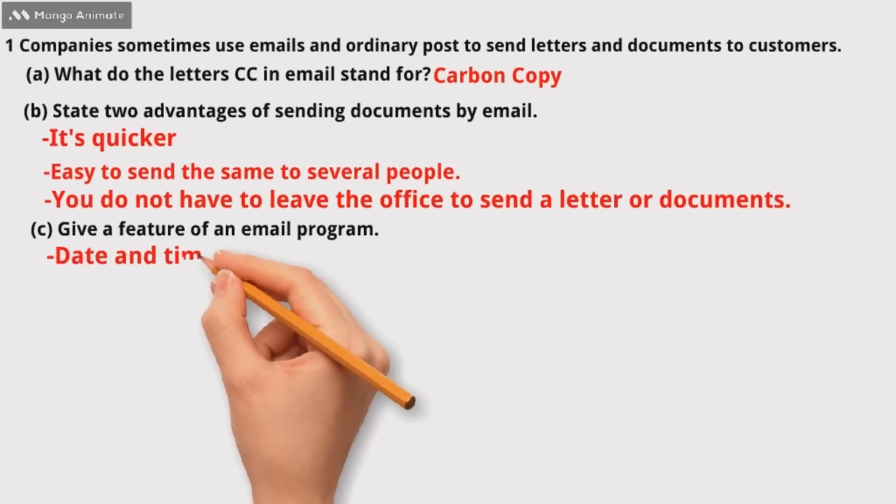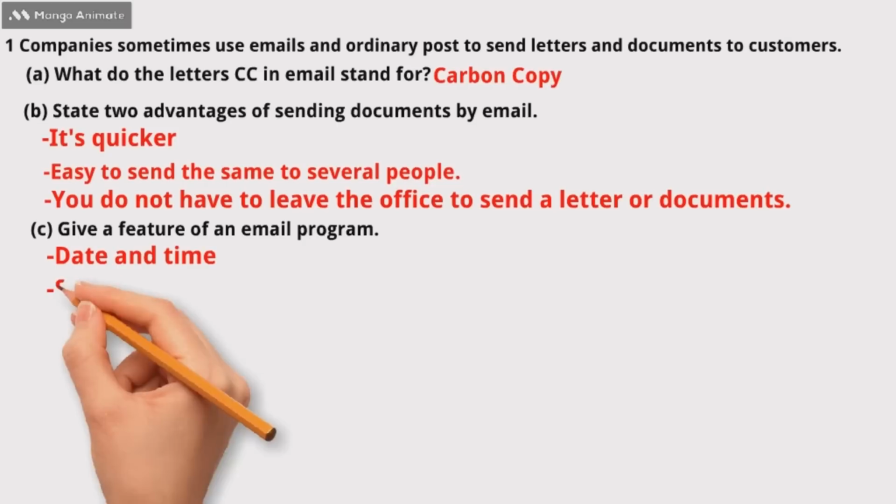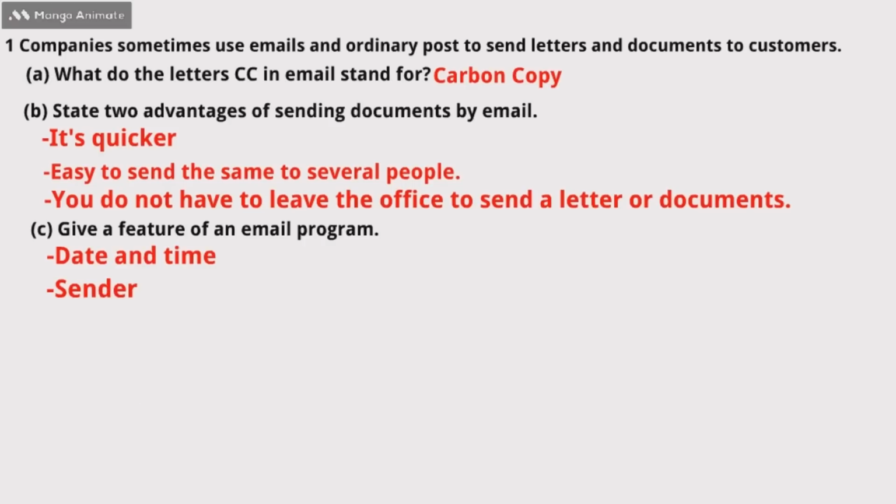The email program will show the date and time the email was sent and received. It will also show you the sender, the person who sent you an email, where the email is coming from. Those are the two things I can share with you. You can pick one.